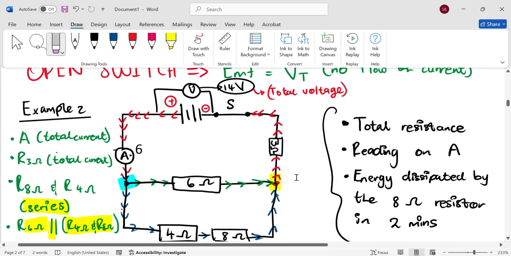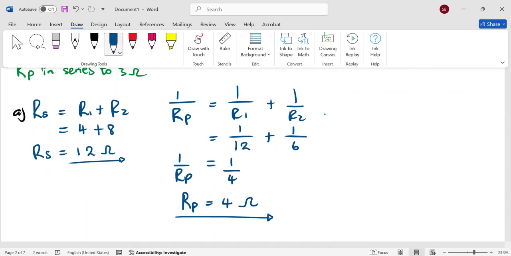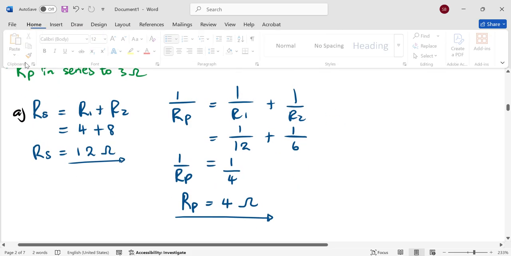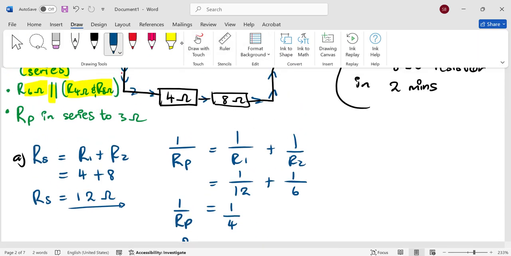Now we want the total resistance. Are we done? No. If I want R total, according to my analysis, what do I see? I notice that Rp is in series to the 3 ohm resistor.